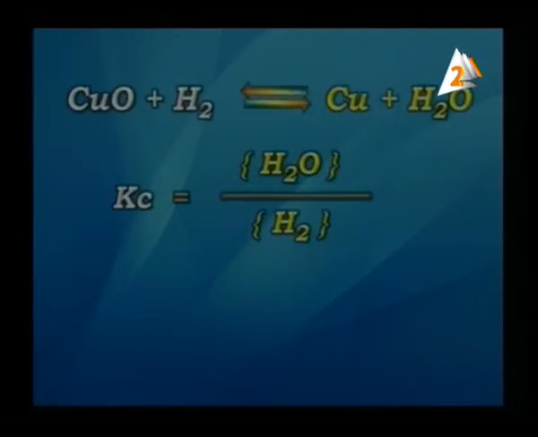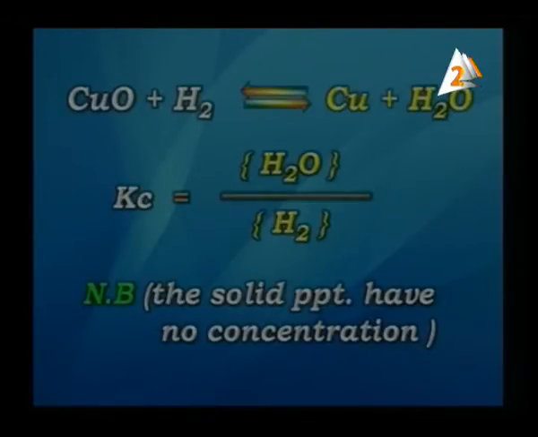This is the equilibrium constant. Directly we note that the solid has no concentration. Catch and concentrate: the solid has no concentration, but the gas has a concentration here. The liquid also has no concentration. So the solid precipitate has no concentration.